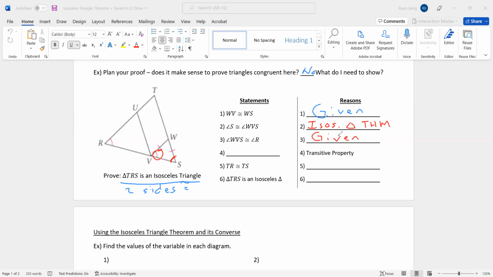If angle WVS is congruent to angle S, and it's also congruent to angle R, I can use the transitive property to say that angle S is congruent to angle R. If angle S is congruent to angle R, those are two angles in the big triangle. What allows me to say that TR is congruent to TS? That would be the converse of the isosceles triangle theorem.